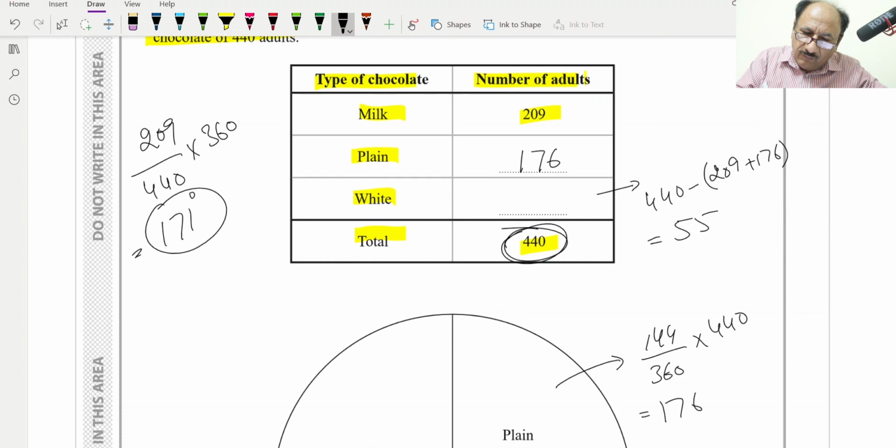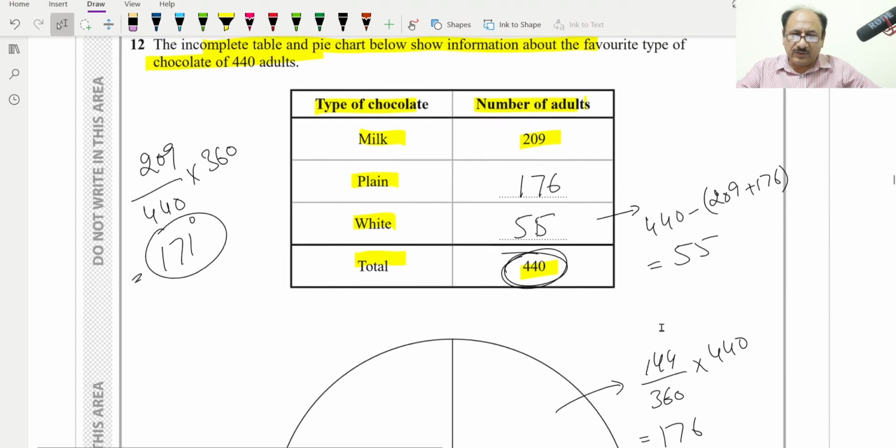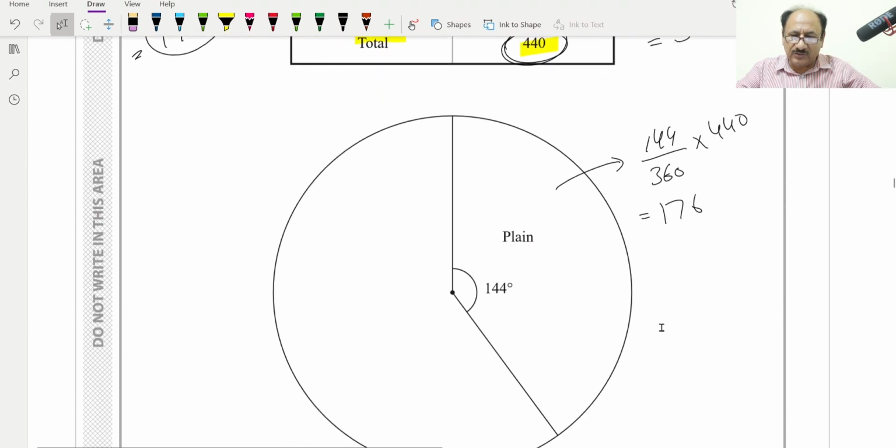So 55 adults will be for the white category. So we have completed the table, which was our first task.